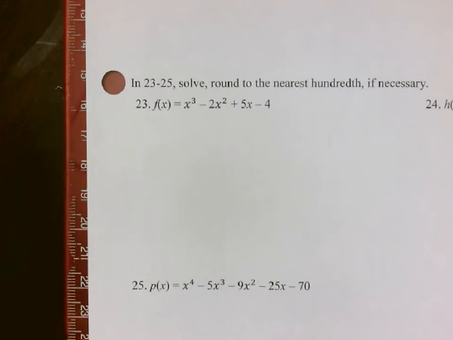Minus 5x squared minus 4x plus 3 and x to the 4th minus 5x cubed minus 9x squared minus 25x minus 70.